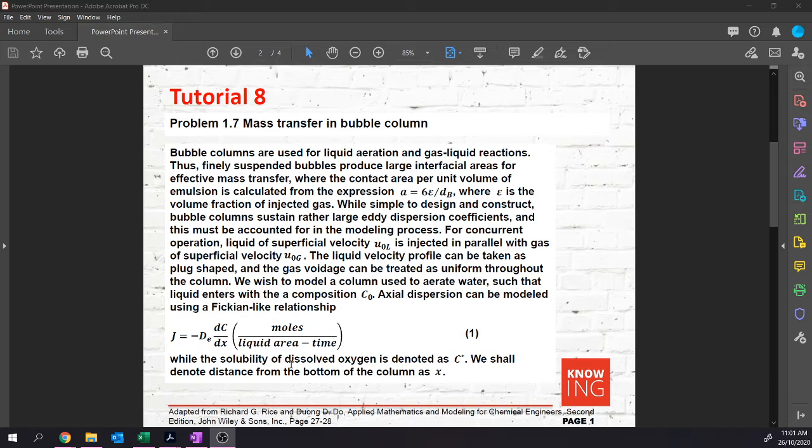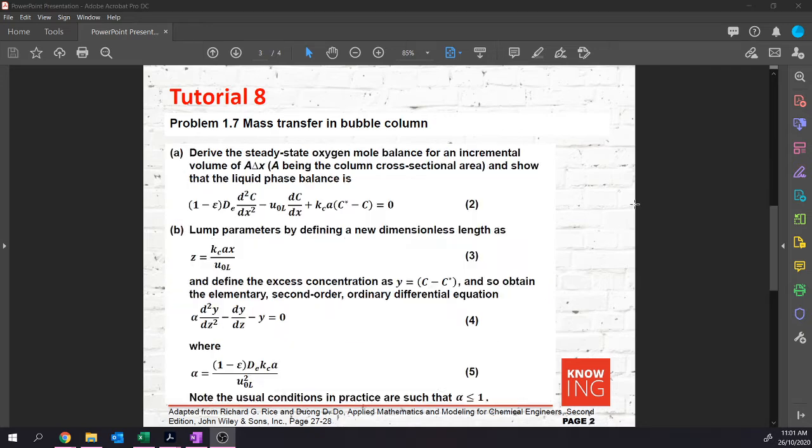While the solubility of dissolved oxygen is denoted as C star, we shall denote distance from the bottom of the column as x. Now A, derive the steady-state oxygen mole balance for an incremental volume of this, A being the column cross-sectional area, and show that the liquid phase balance is this.